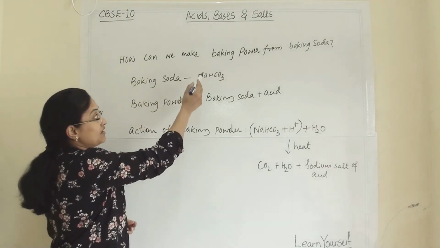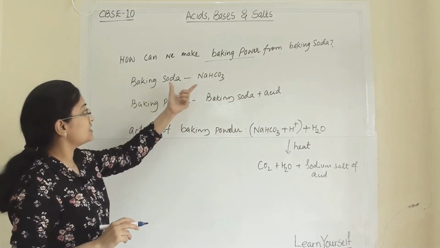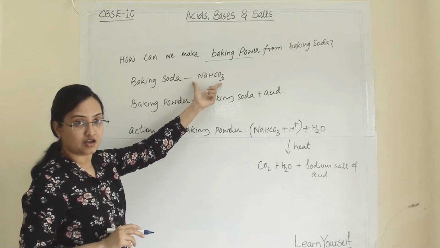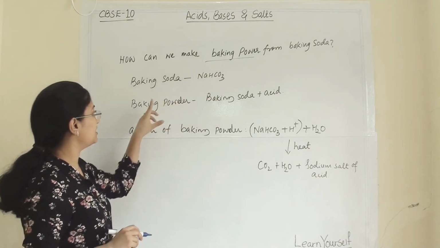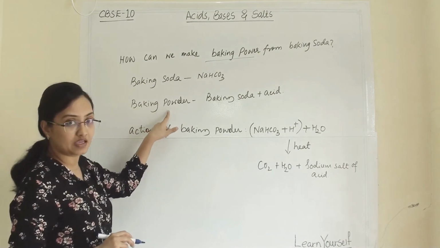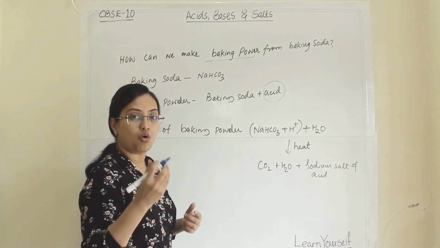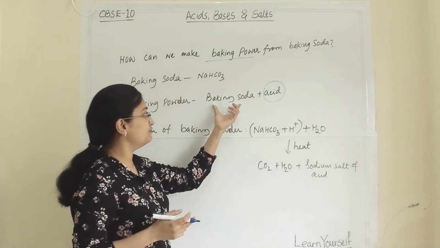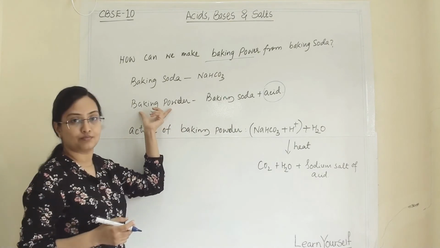How can we make baking powder from baking soda? When we make baking powder, we add a mild acid, such as tartaric acid, to baking soda. That mixture is known as baking powder.